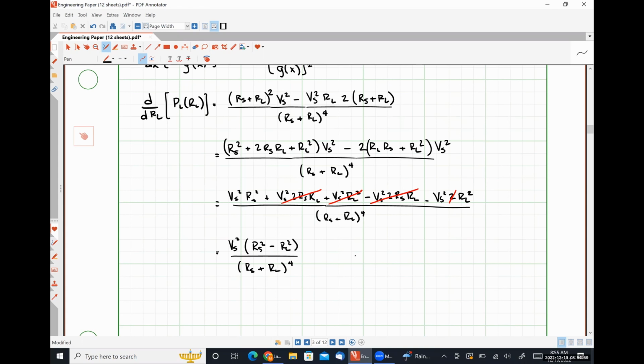So we set our derivative equal to 0. So under what condition will this be equal to 0? Now, because it's a fraction, we only need the numerator to be 0, right? So let's simplify things ever so slightly and say, under what condition is the numerator 0?